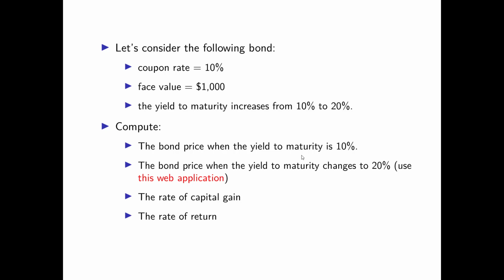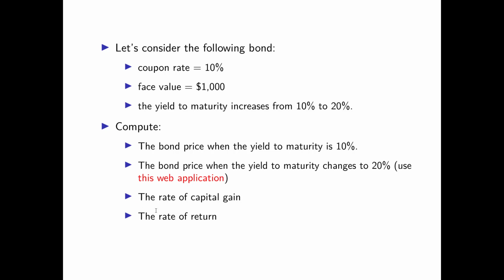In this case, we're going to have several bonds with different times to maturity, and some of them can be long. So using a calculator to do it manually is going to take some time. It might be better to use a financial calculator, and on the slide there is a link to a website that has a calculator you can use to obtain the values we're going to see in the next slides.